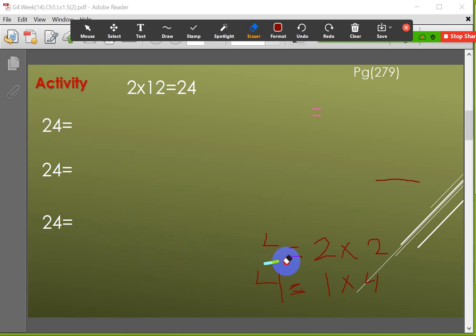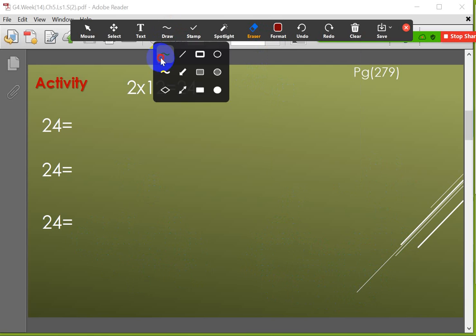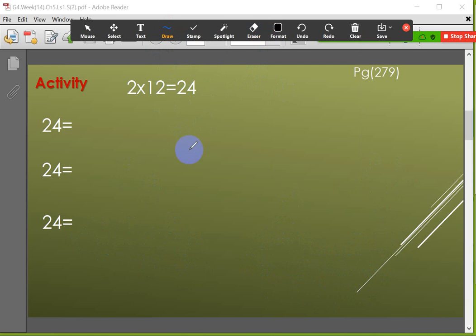the factors for 24. All factors. That means I want to find all the factors. If I multiply those factors by each other, the answer will be 24. First, the book told me that 2 multiplied by 12 is 24.